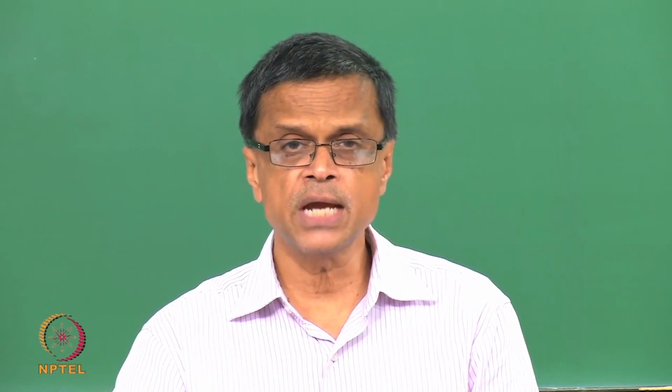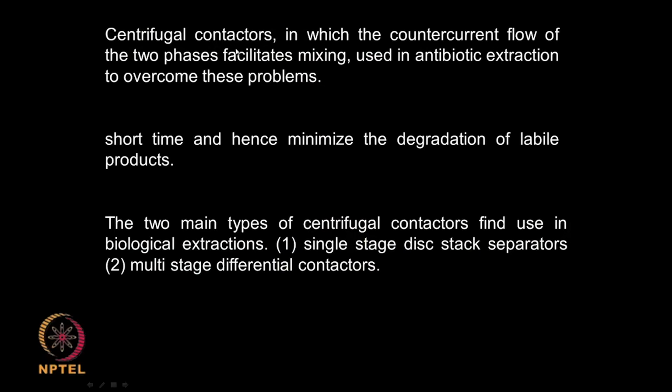So there are contactors. In the previous class we saw different types of contactors, the mixer settler type, then I discussed a lot about the column type of contactors, that means vertical columns which occupy less space.